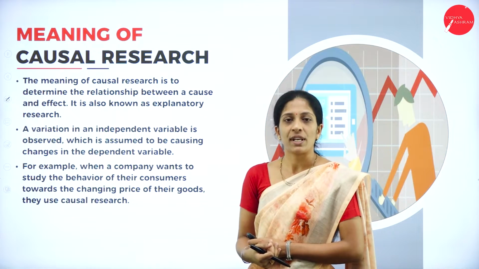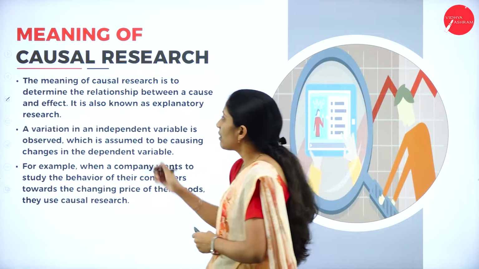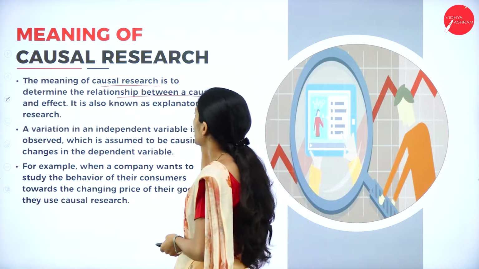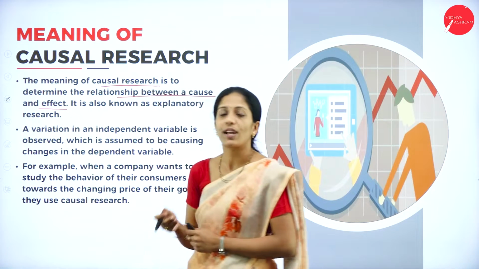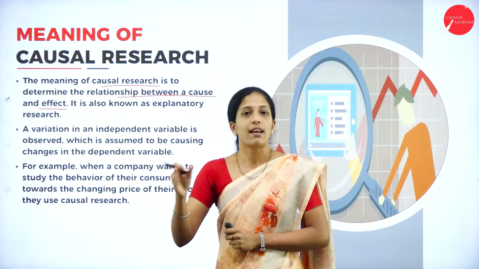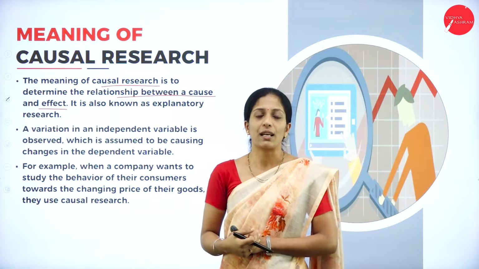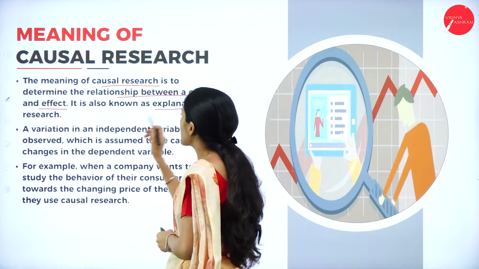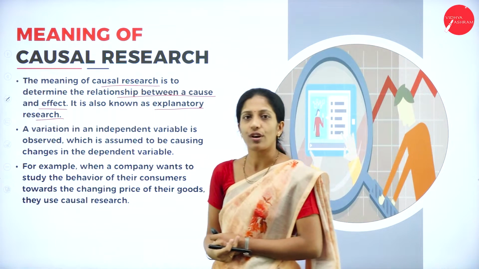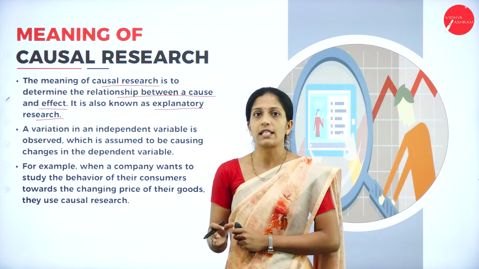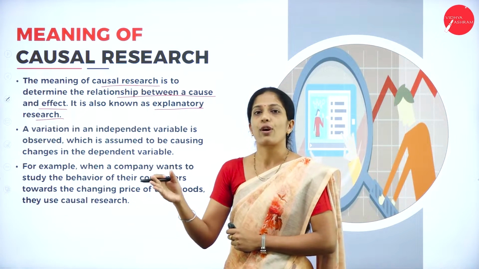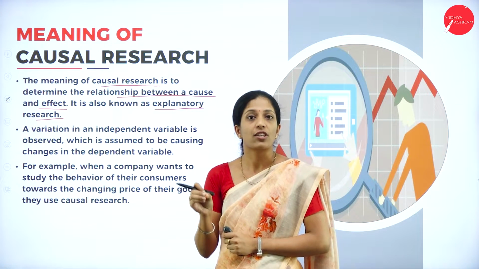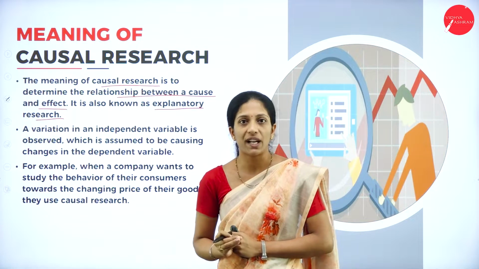Now moving on to the meaning, the meaning of causal research is to determine the relationship between cause and effect. So we are going to determine the cause and effect relationship between the two variables, dependent and independent. It is also known as explanatory research. Causal research is also called experimental research and explanatory research, because under this type of research the problem will get an explanation.